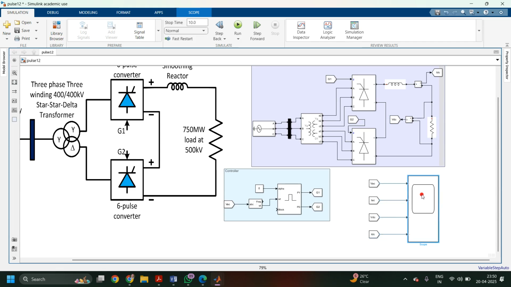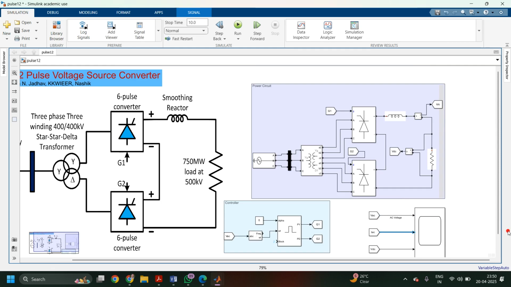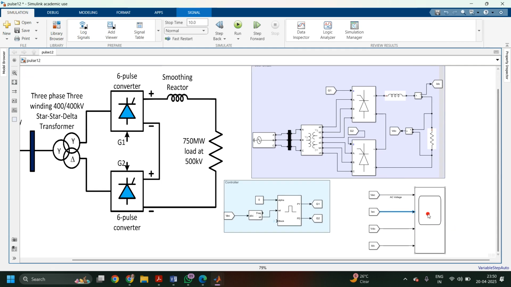Now you can rename this as AC voltage. Let me zoom in on this area.